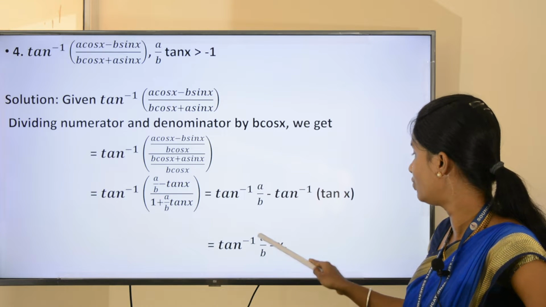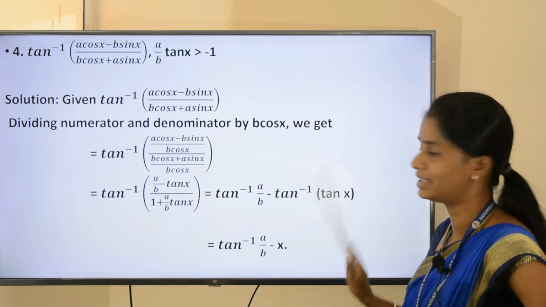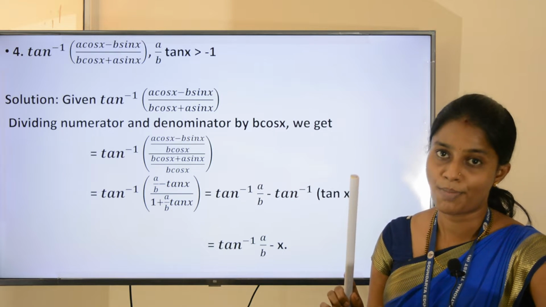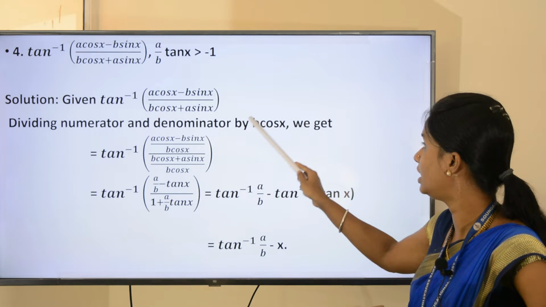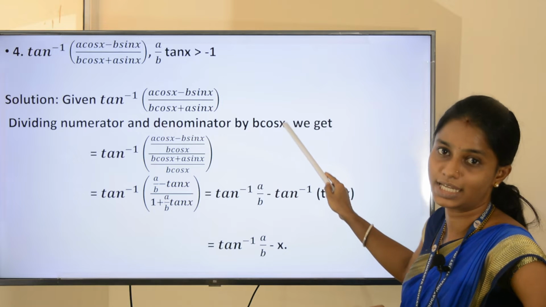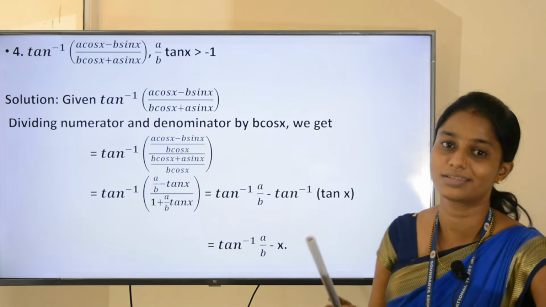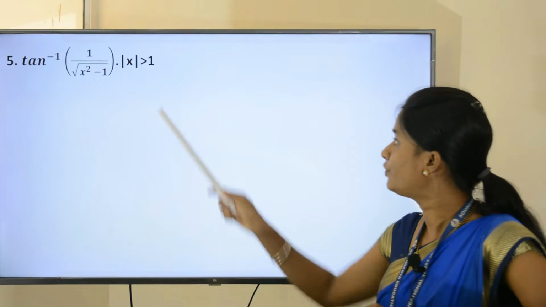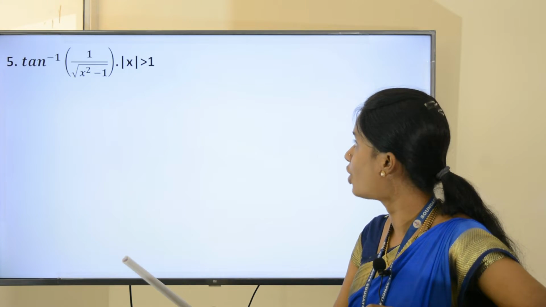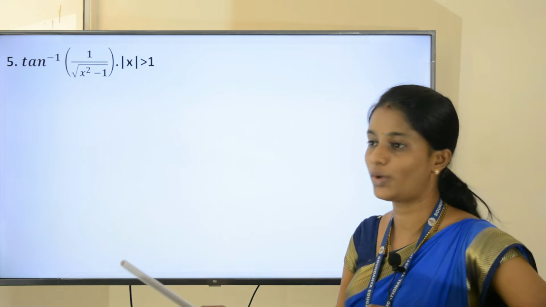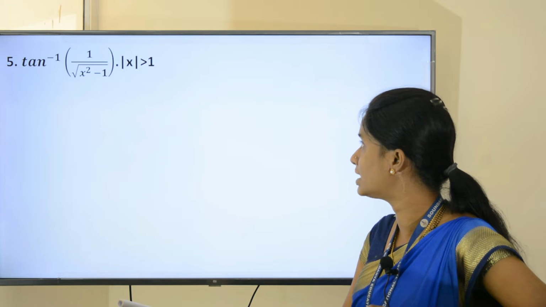So that is tan inverse a by b minus x. Here the main hint is the dividing term. This we have to identify. If we identify this term, students, easily we can calculate this problem. Fifth problem: tan inverse of 1 divided by square root of square minus 1.